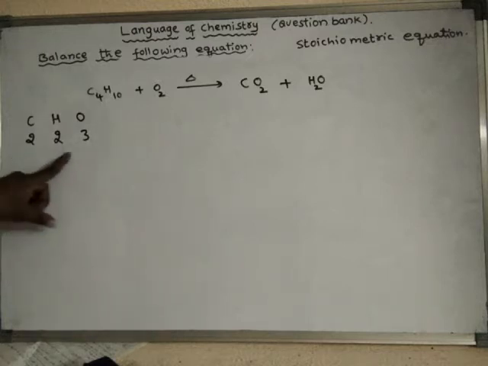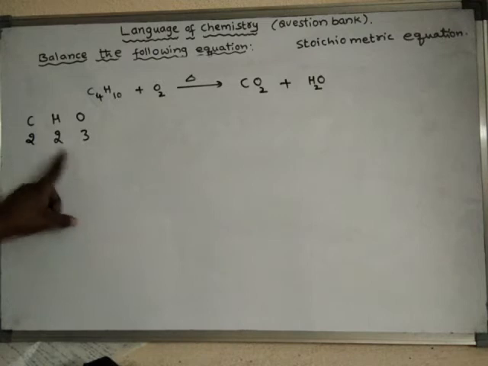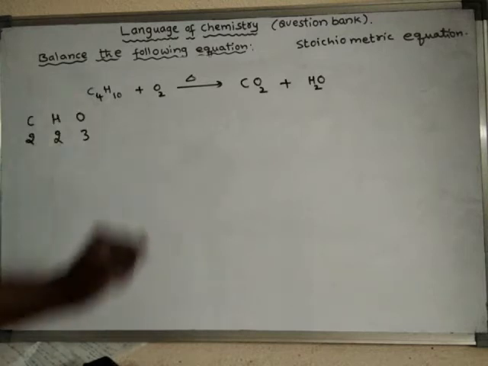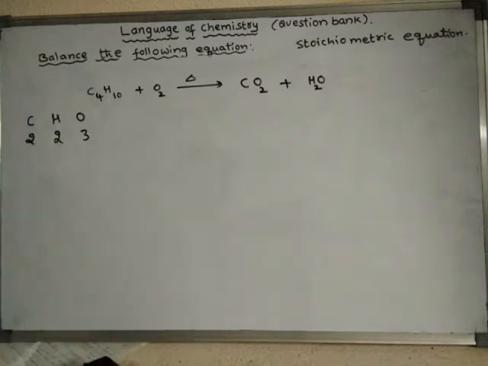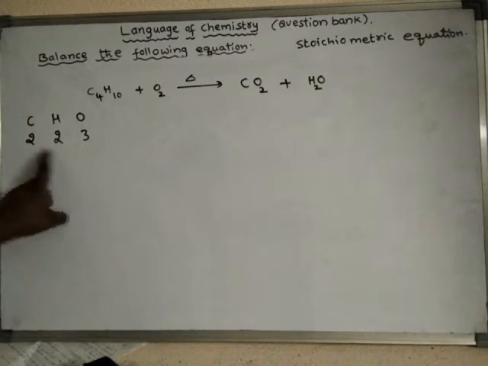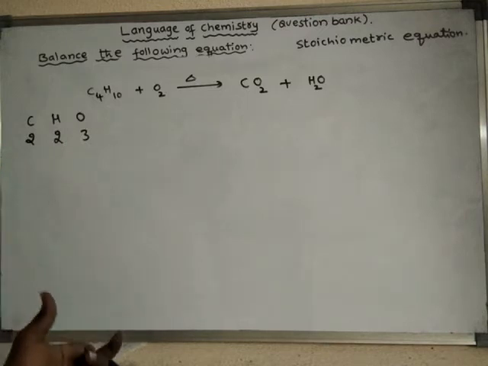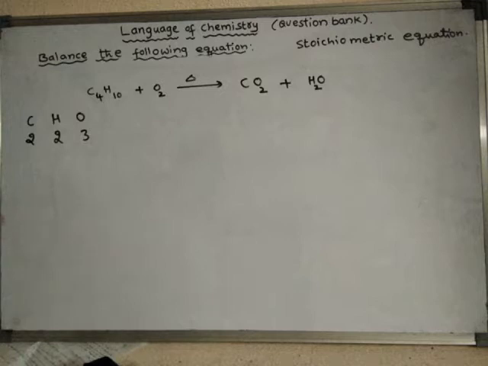Here these two have the same frequency number. So first we have to write carbon and hydrogen. Out of carbon and hydrogen, which element will appear first? When two elements have the same frequency number, we have to check whether any metallic element is present or not. Here these two are non-metals only. When two non-metals have the same frequency number, we choose the non-metal with the higher atomic number.